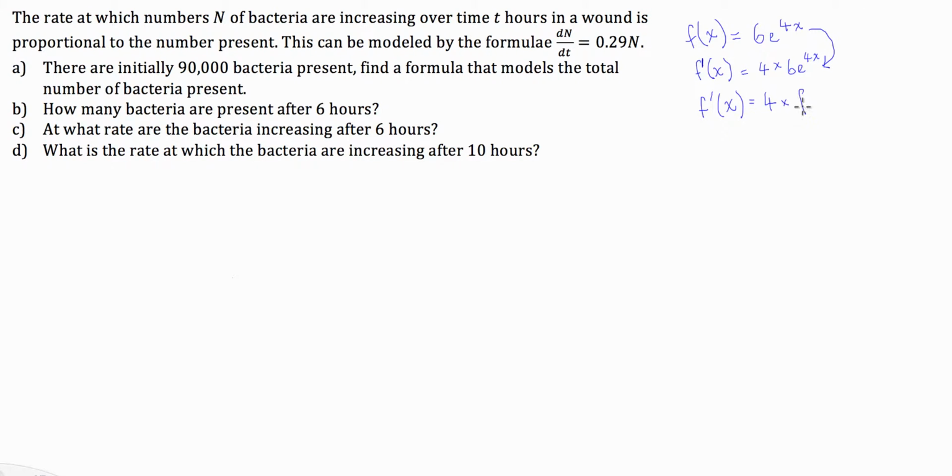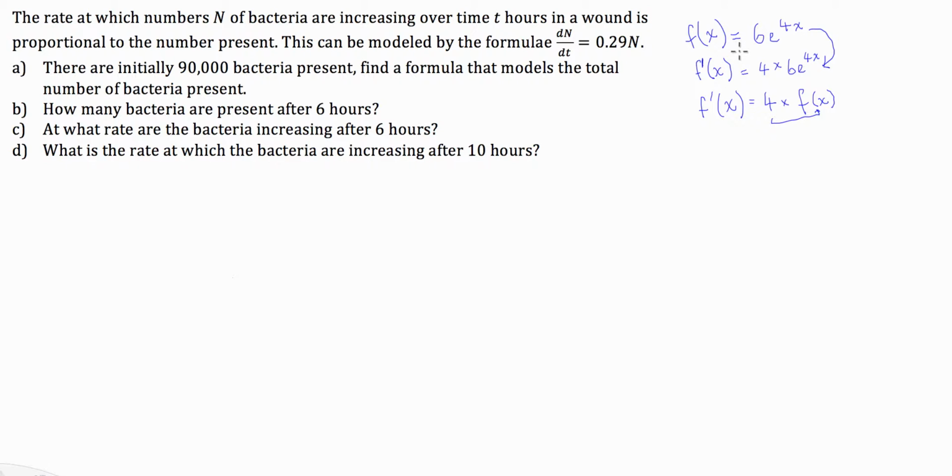So I can write f'(x) = 4f(x). You can see where this relationship lies. The number that we're going to be multiplying by the actual function is the coefficient in front of the variable in the power of the exponential function.